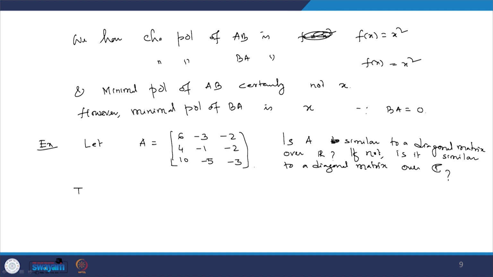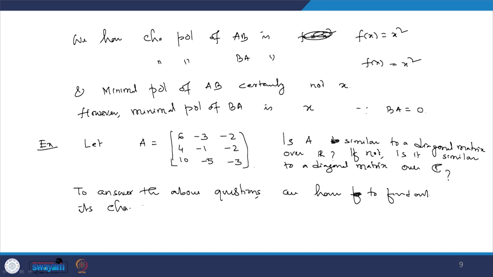The characteristic polynomial means the determinant of xI minus A, which is equal to (-1)^3 times the determinant of A minus xI.